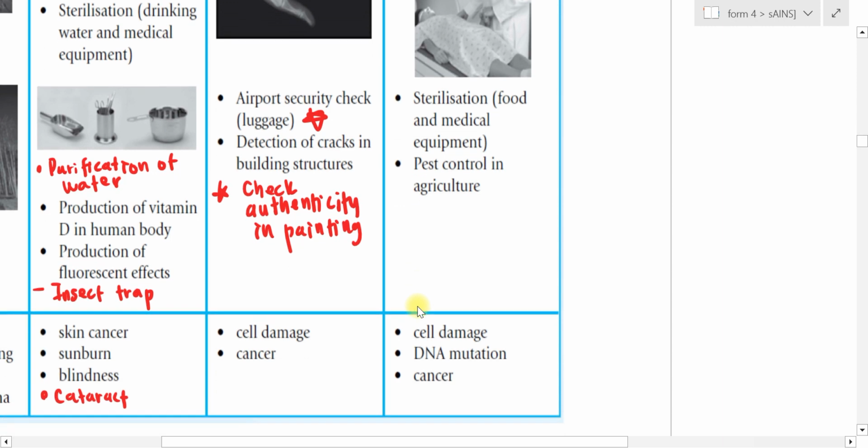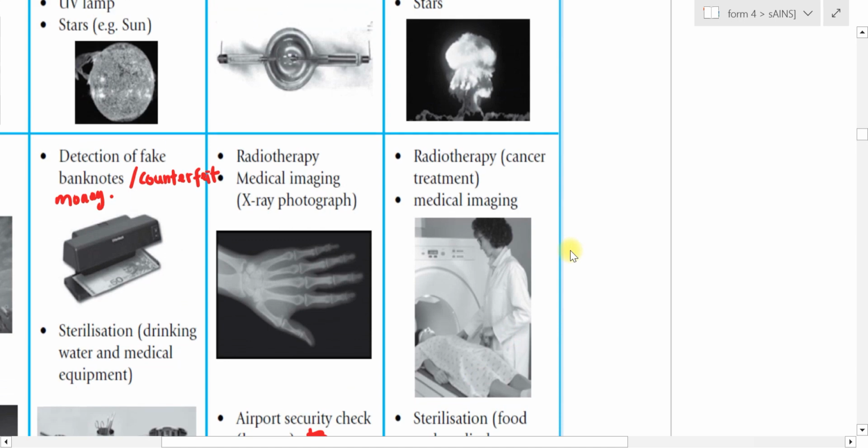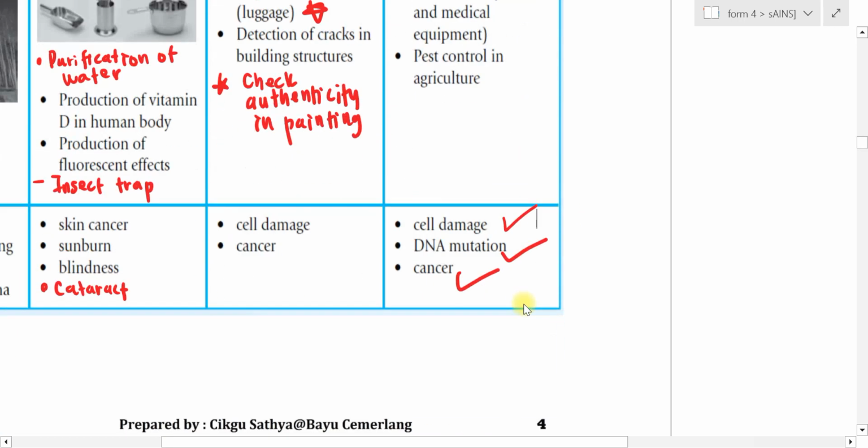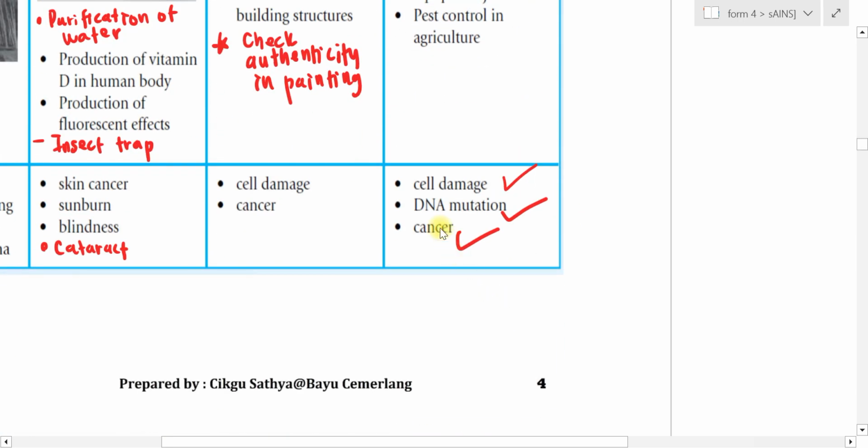Okay. Gamma ray ni dia very dangerous because have the highest penetration power. So dia boleh menyebabkan DNA mutation which develop into cancer and also cell damage. Dia boleh digunakan untuk buat treatment cancer at the same time causing cancer.